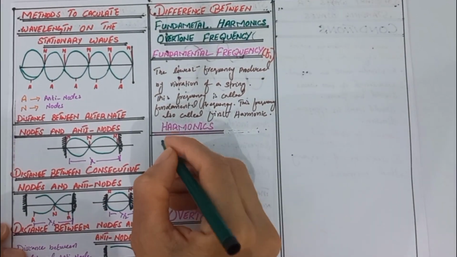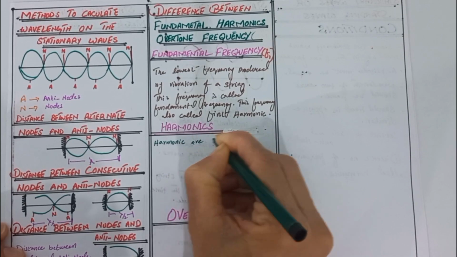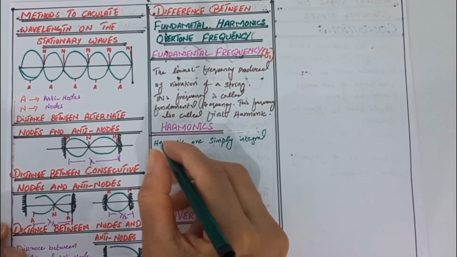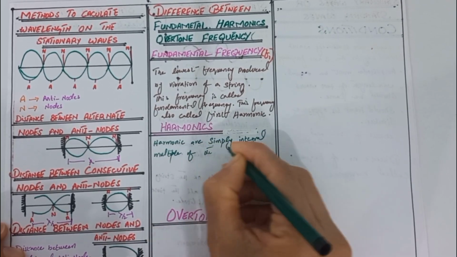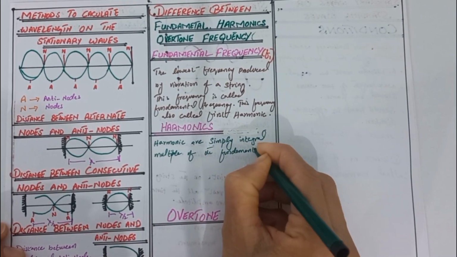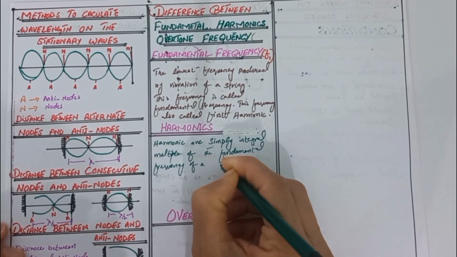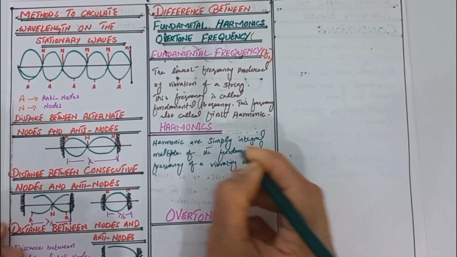What are harmonics? Harmonics are simply integral multiples of the fundamental frequency of a vibrating object.